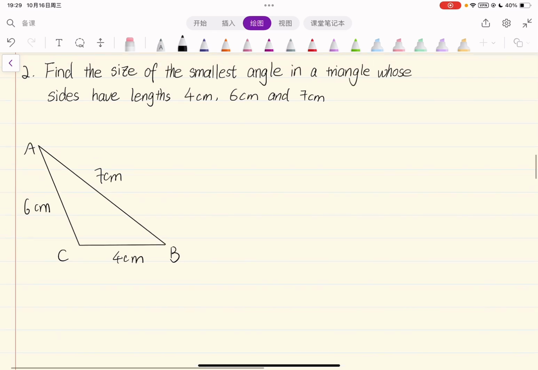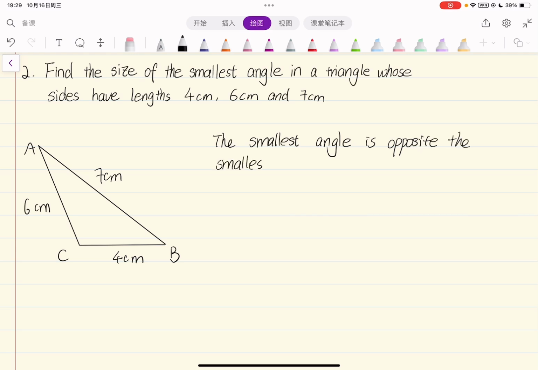And we can see the smallest angle is opposite the smallest side, which is angle A in our diagram.